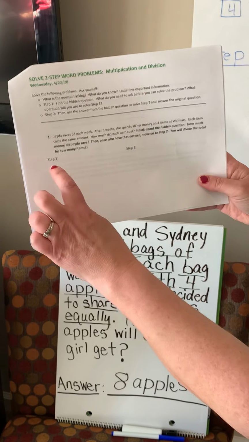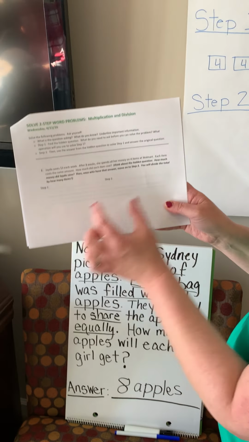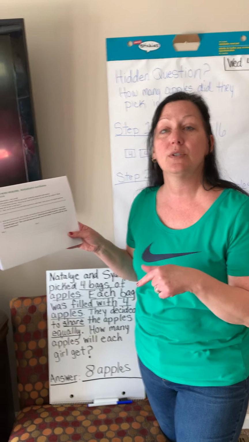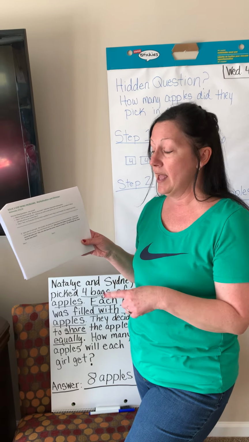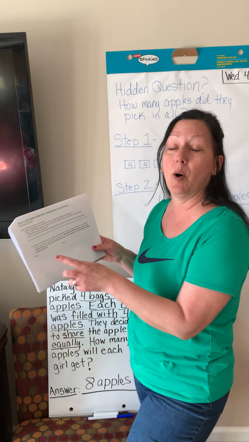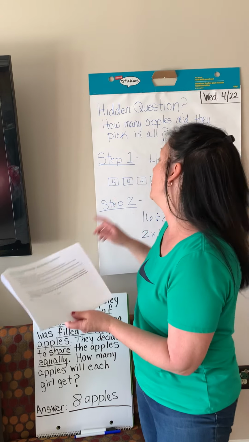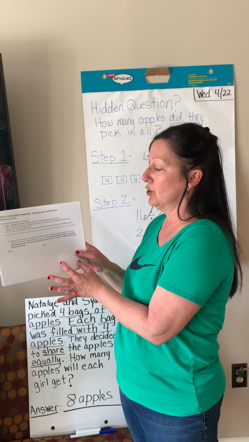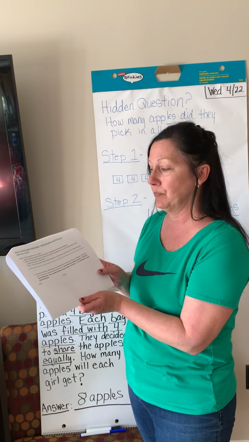Mrs. McLean did not put on your step 1 and step 2 anything there because all of our brains think differently, and you're going to use the strategy that you want to use that's easiest for you. Some of you may want to draw a bar diagram. Some of you may just want to write out the equation. Some of you may want to draw a picture.